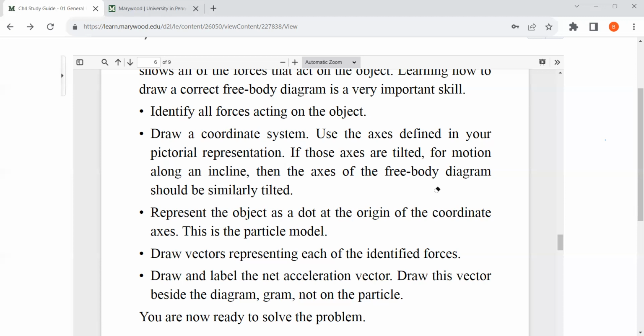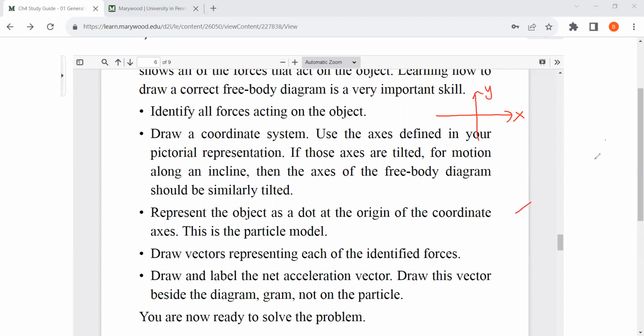Once we identify all the forces acting on the object, then you have to choose a coordinate system. The normal coordinate system is this one, right? This is x, this is y. So normally we use this coordinate system.